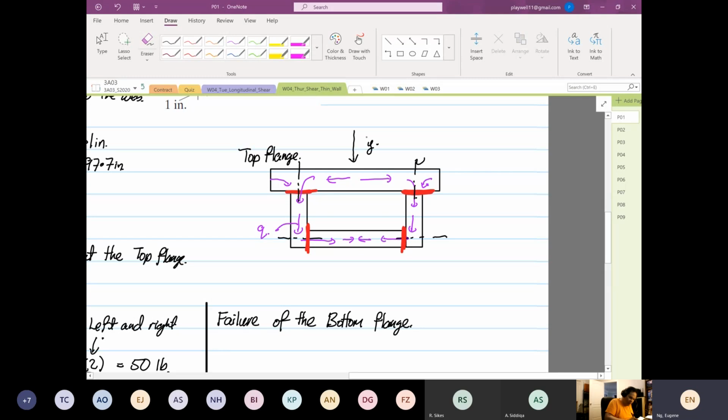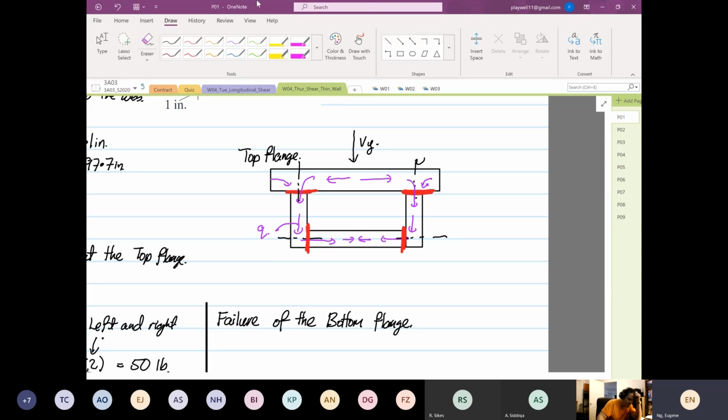Vy comes from the top, right? And if you see, the shear flow Q is still flowing in that direction. That is the right direction. Nothing changed. But mathematically, our issue is the first moment of area.